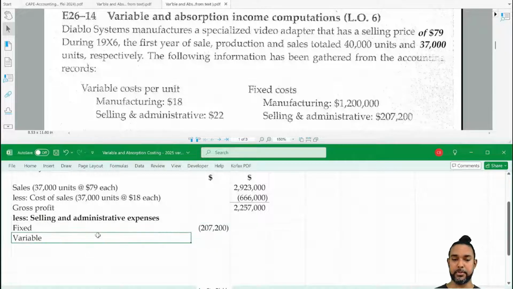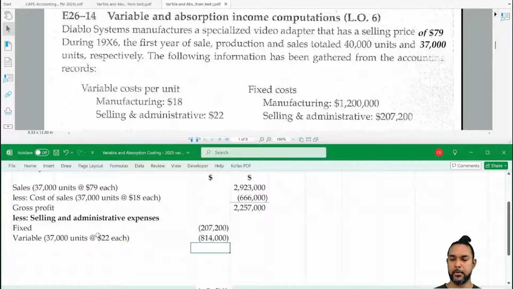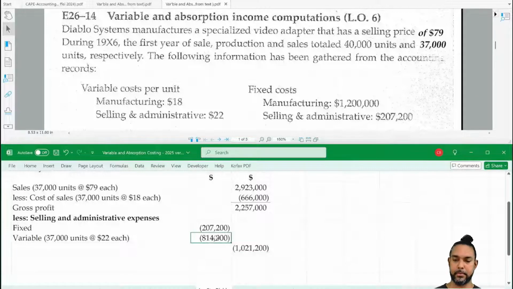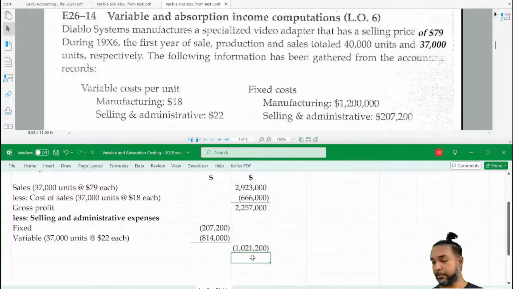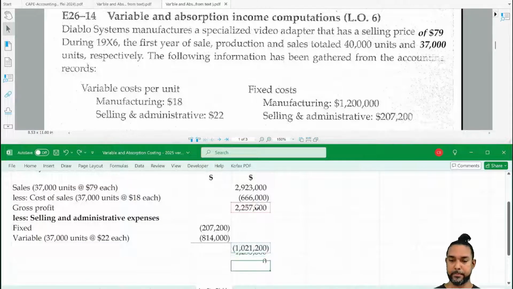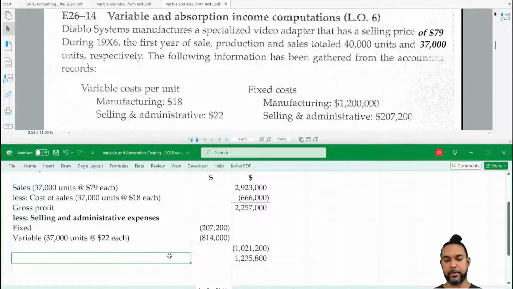So we sold 37,000 units at 22 each. Ooh, that's a lot more. Wow. So we're gonna pull that across here. Put a little line there. So that's 1,235. That there is our net income or operating income.